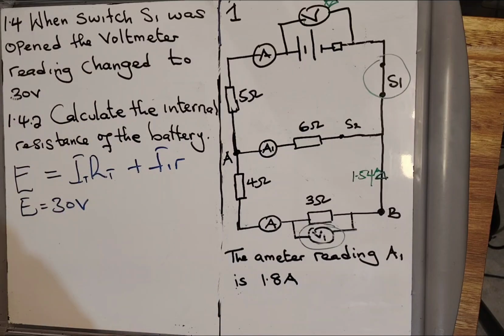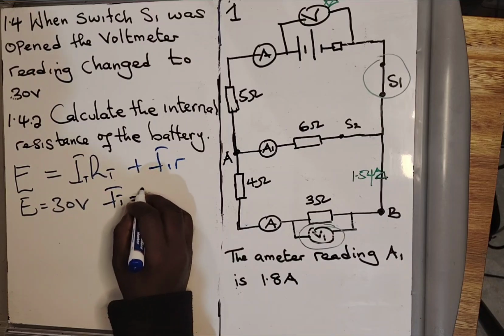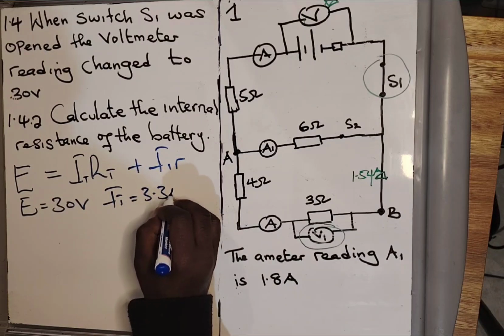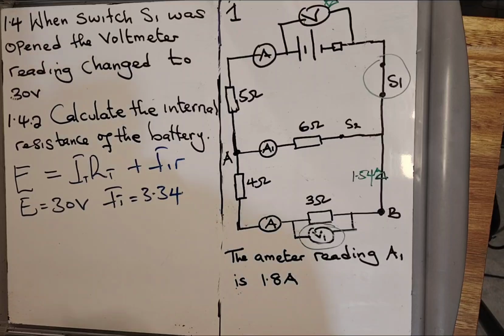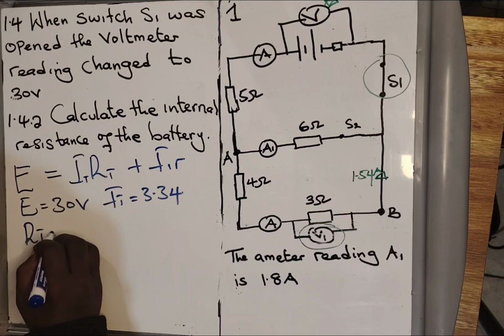And from the previous calculation, we found the total current, which was 3.34. So our total current, we did it already. It is 3.34 from our previous calculations. We also found the total resistance, if you can recall.